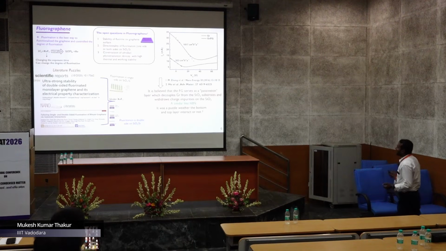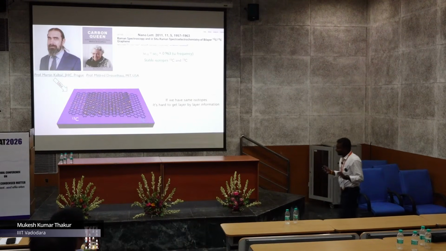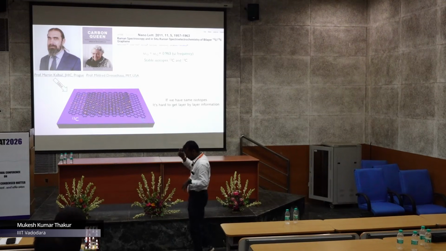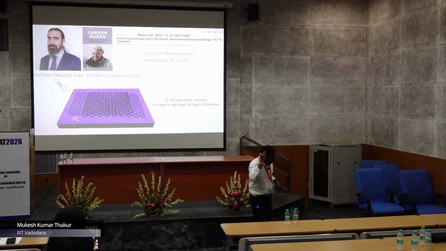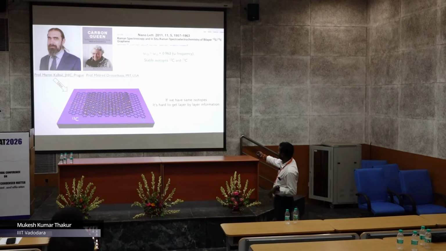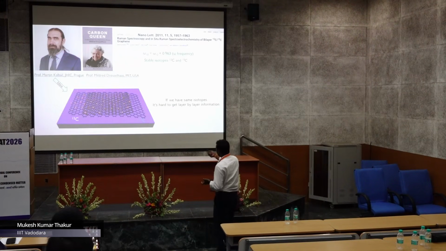Then we came with this idea. This was not my idea; my boss worked a lot in this area with MIT, with Mildred Dresselhaus. He said one thing we can do is use isotope-labeled graphene. Only two carbon isotopes are stable, carbon-12 and carbon-13, and worldwide only two groups have carbon-13, one at MIT and now my boss.